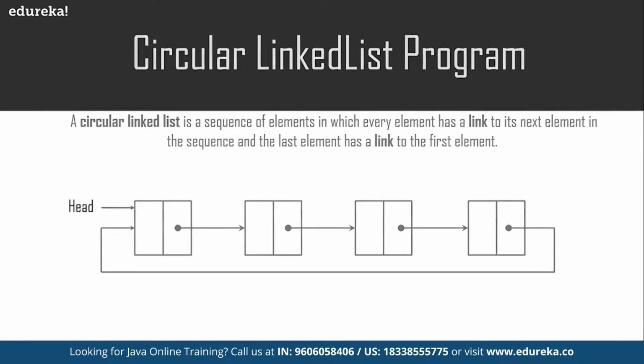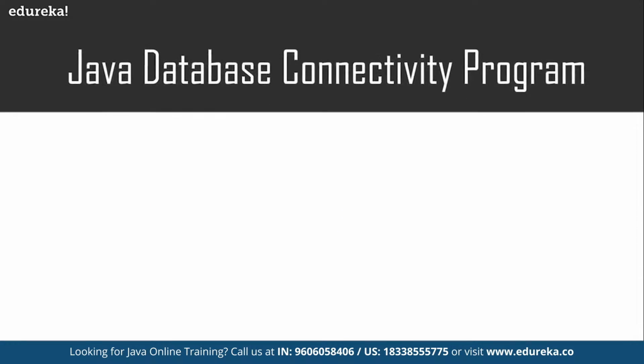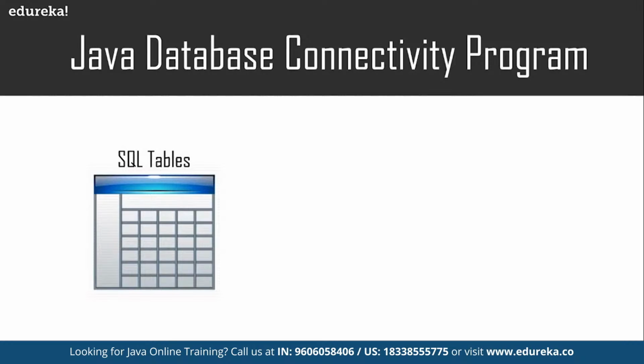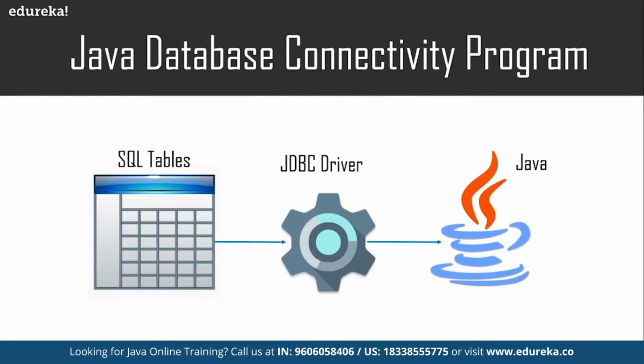Okay. So now let's move further and understand how to connect to a database using Java, or how to configure a Java program in order to connect to a SQL database. So you have queries and there are drivers that will help us connect to a database using Java.